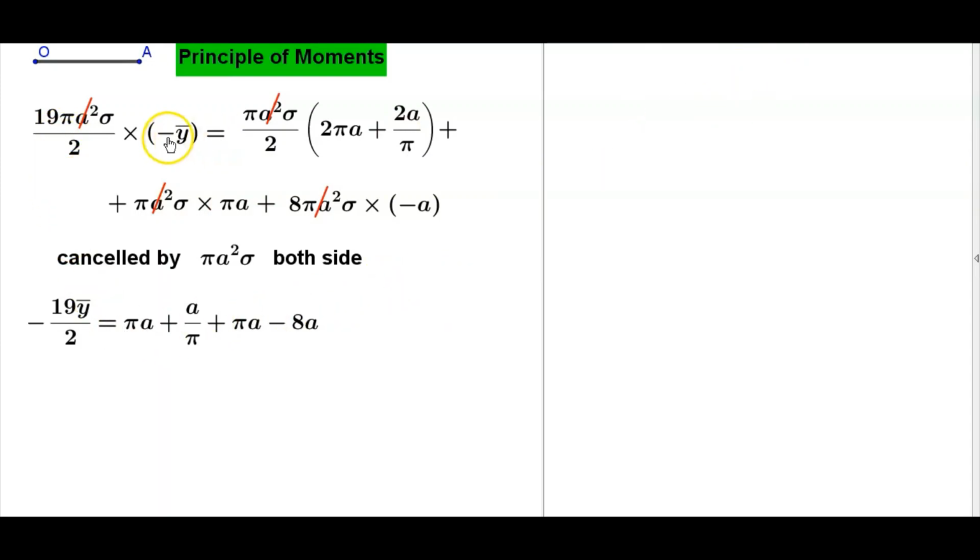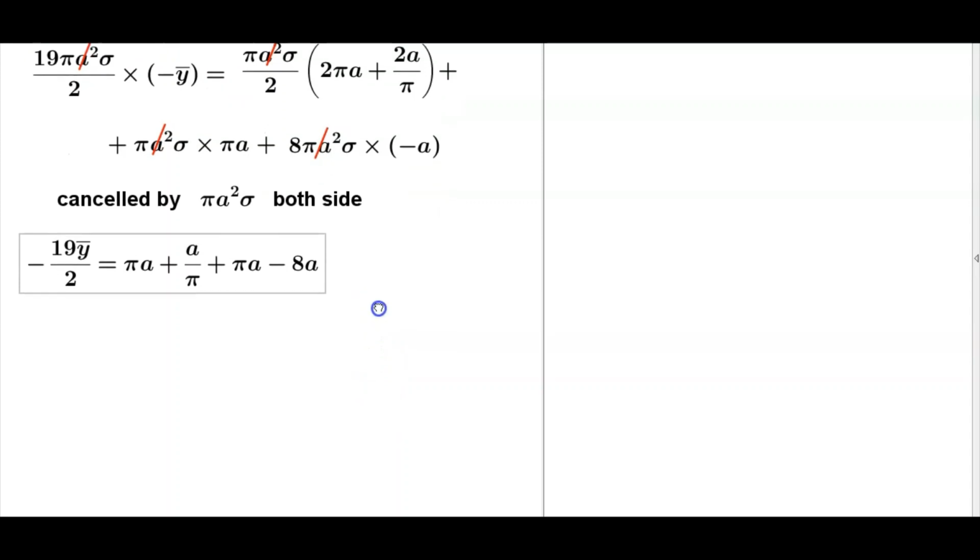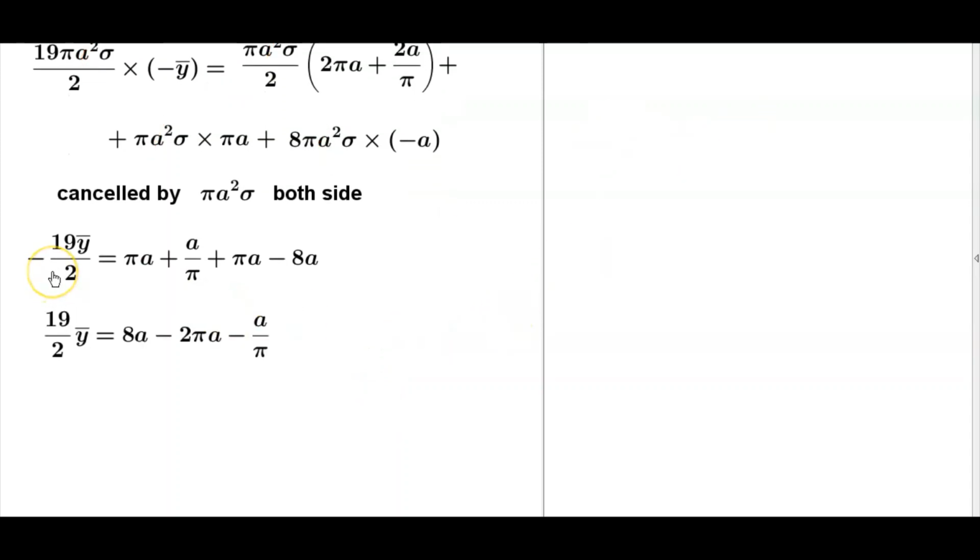Here, minus 19 y bar by 2 is equal to. This one pi by 2, when multiplied by 2 pi a, pi cancels, 2 and 2 cancel, therefore this one is pi a, and simplifying this one, 2 and 2 cancel, therefore a over pi, and here is pi a, and here plus 8 into minus a, therefore minus 8a.